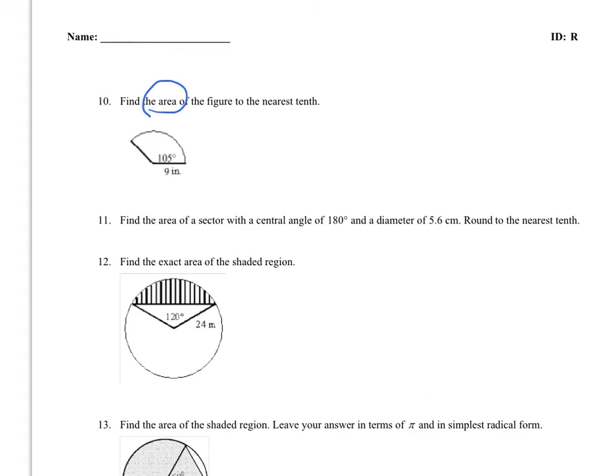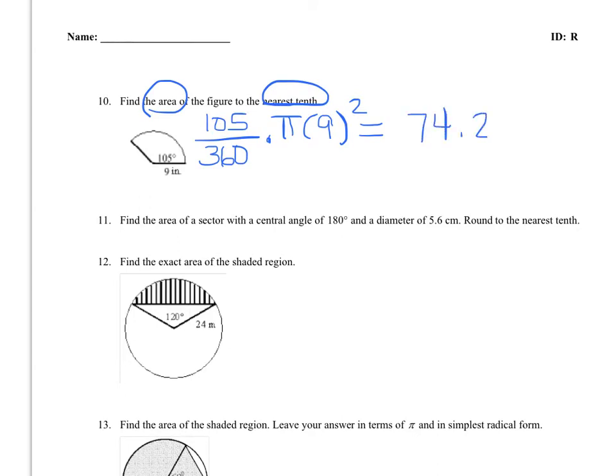So we take the portion of this sector that we're talking about, the portion of the circle, 105, divided by the whole circle, 360, times the area formula, pi r, which is 9 squared. We're doing to the nearest tenth, so we don't have to use pi. We can plug it all into the calculator, and you end up with 74.2. And that's in inches squared.